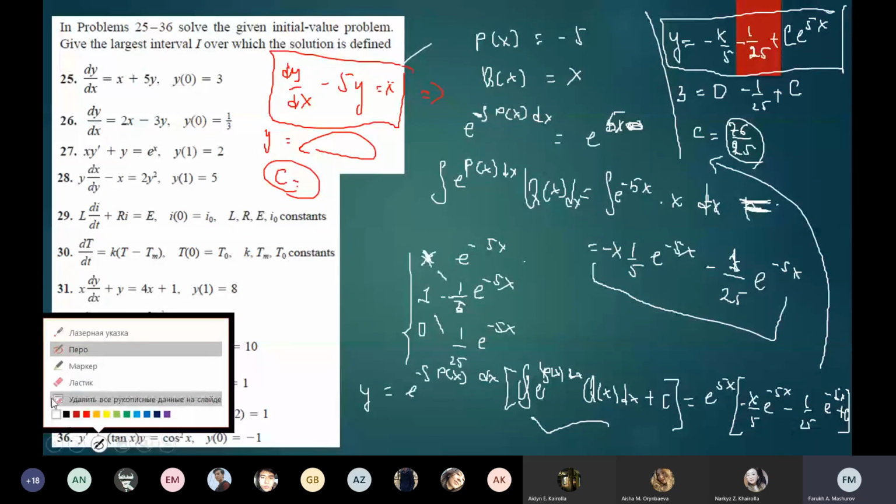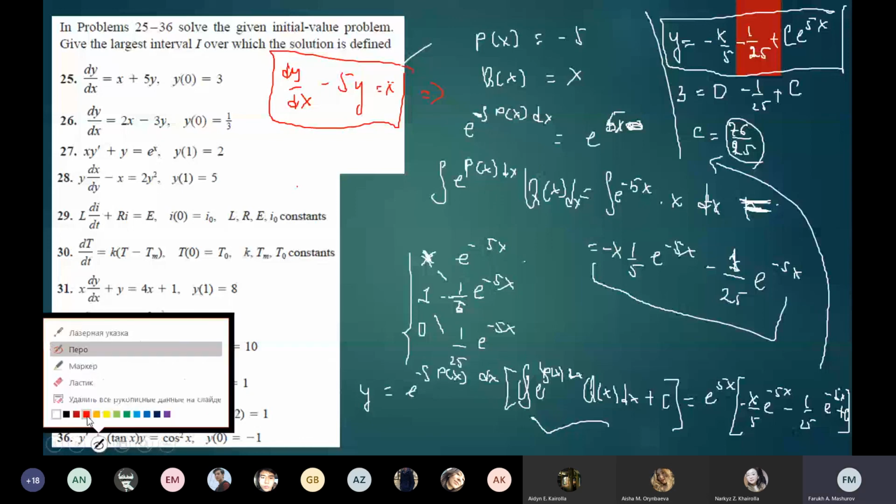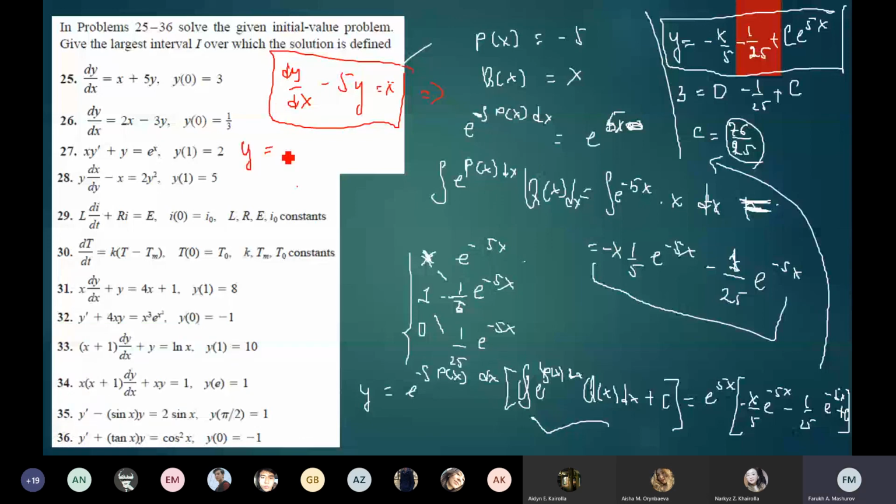So my solution will be what? Let's write here. y is equal to minus x over 5 minus 1 over 25, and instead of c, I put just 76 over 25, so plus 76 over 25 e to the power 5x.